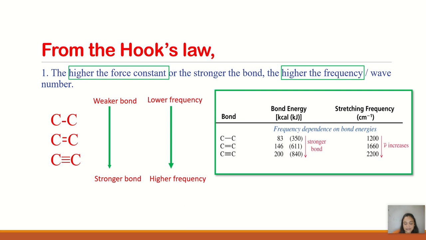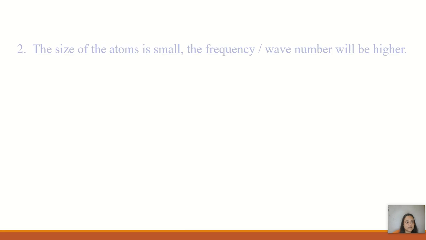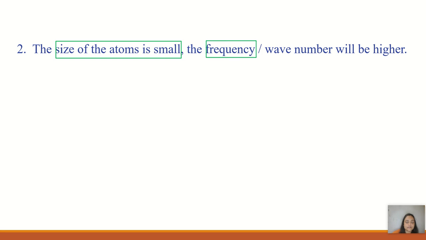Second, according to Hooke's law, if the size of the atom is small, the frequency or wave number will be higher. If we decrease the size of the atom, the frequency becomes high. We can understand this by this example: the CH bond, the CD bond, and deuterium replaced by fluorine, chlorine and bromine.